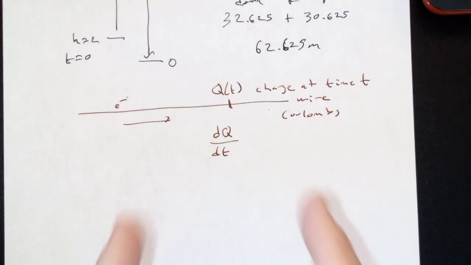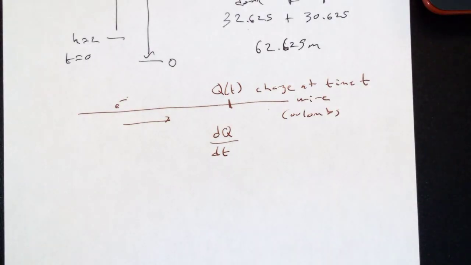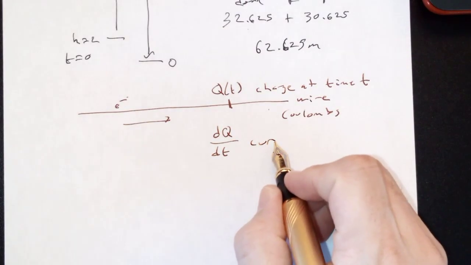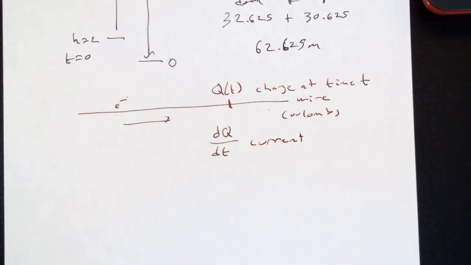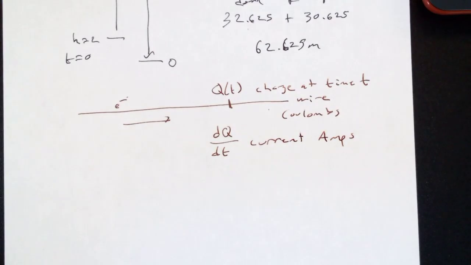I physically clamp to either side of this spot another wire and run the same amount of electricity through that piece of wire as well, and I measure the moving charges. That's called current. And that's amps. Named after Ampere.